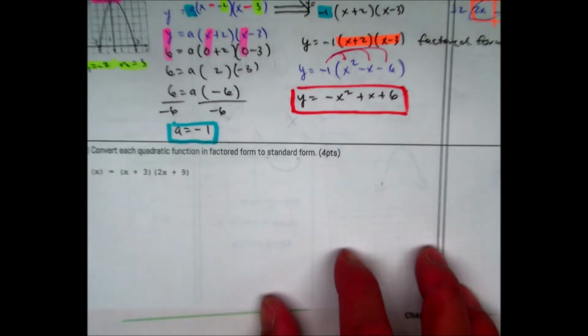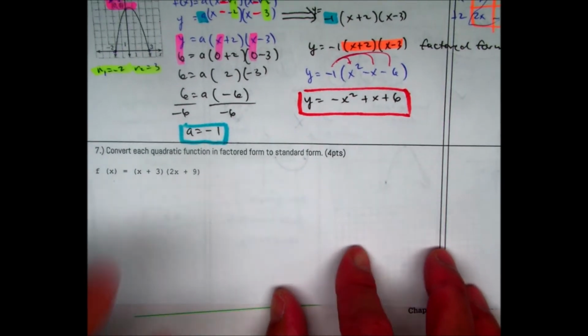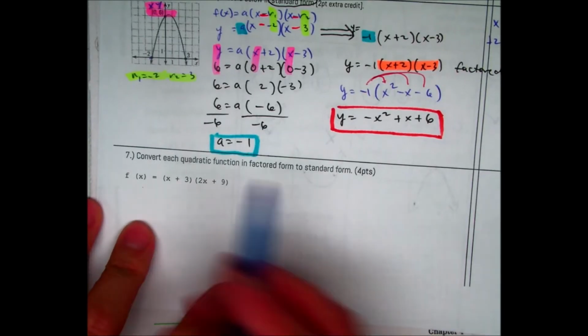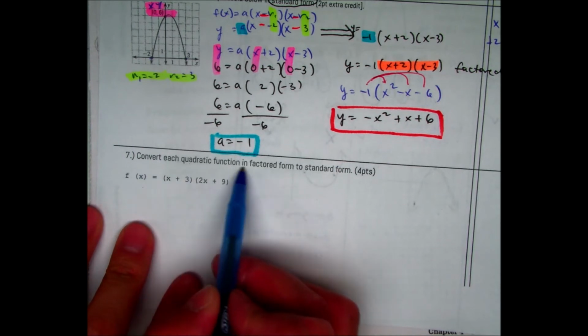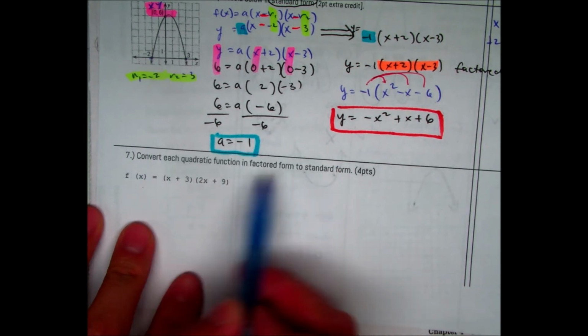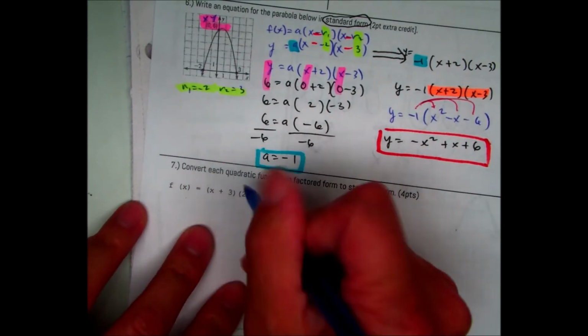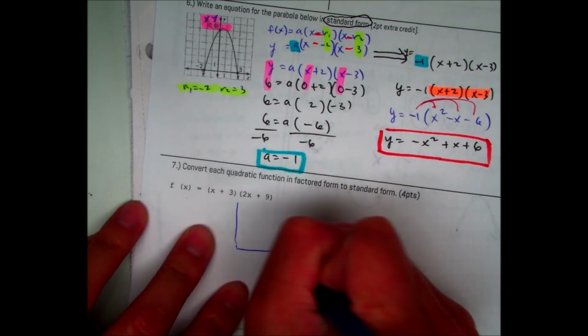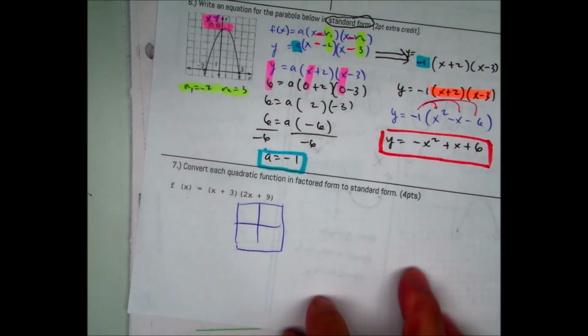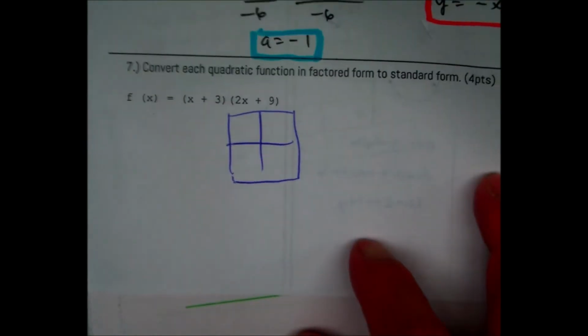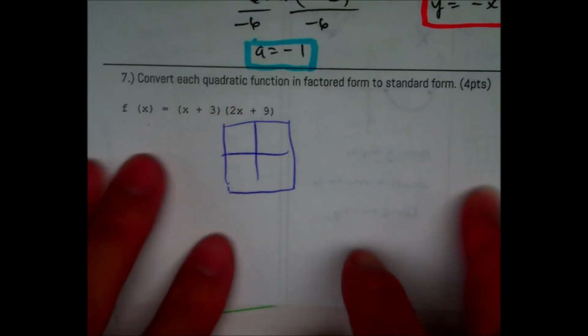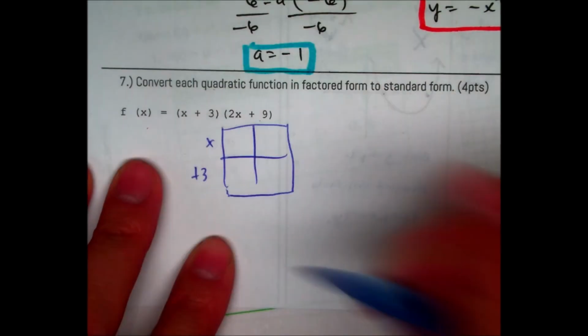Number 7. This one says convert each quadratic function in factored form to standard form. You're basically going to do the box that we just did up here. So, to save myself some time, I'm just going to draw the box right underneath one of the binomials. And I'll just write x plus 3 here.